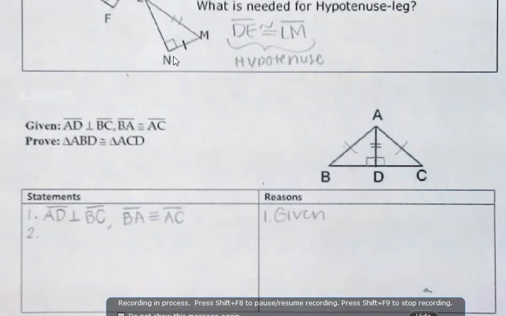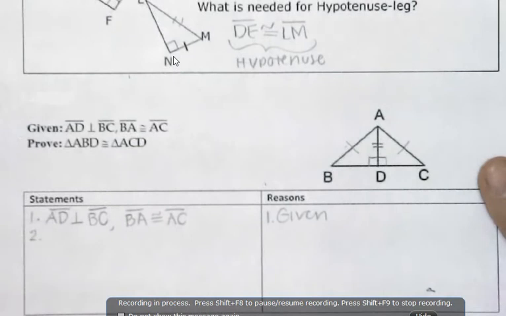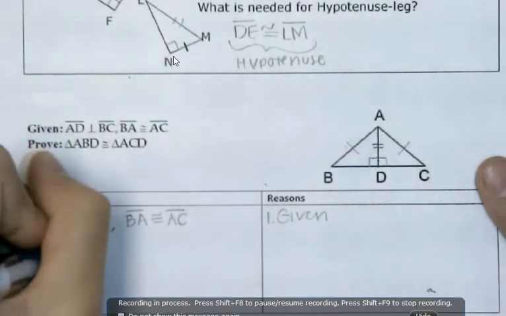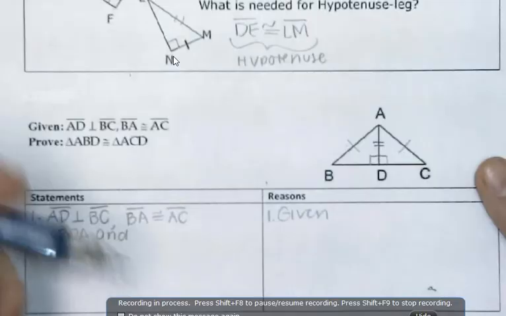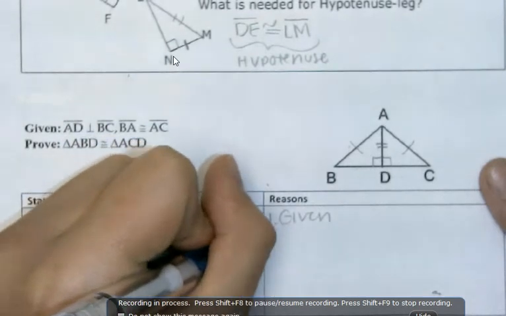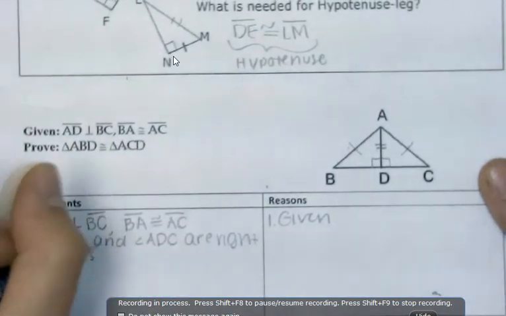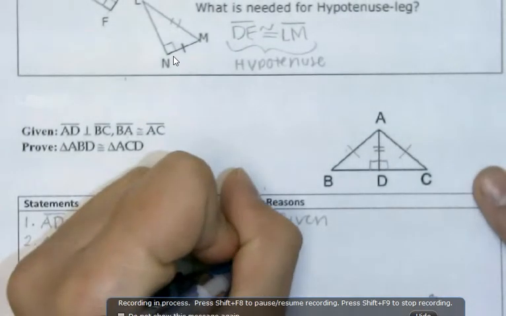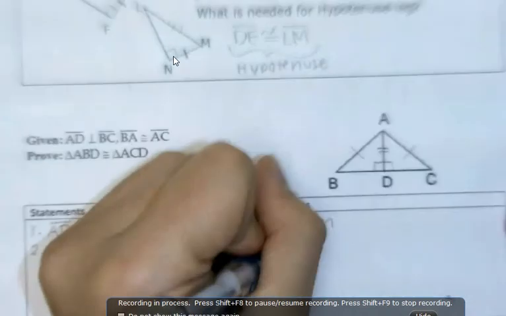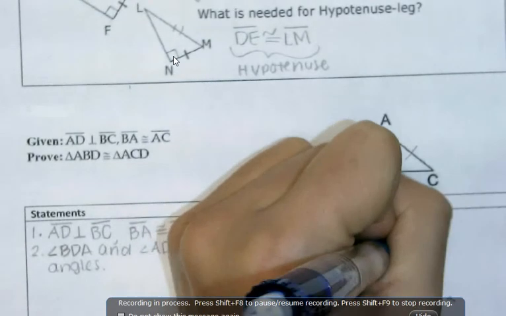Number 2, if segment AD is perpendicular to segment BC, then we know that angle BDA and angle ADC are right angles. Reason: definition of perpendicular.